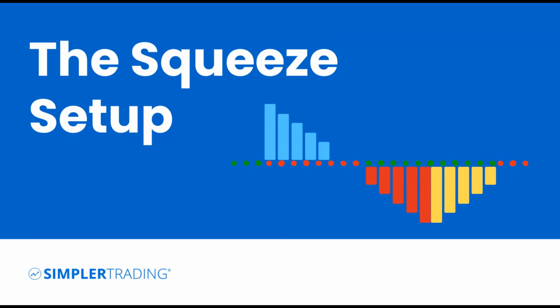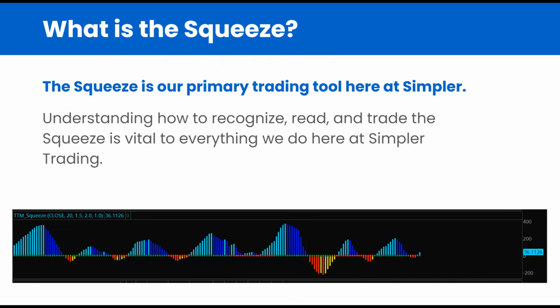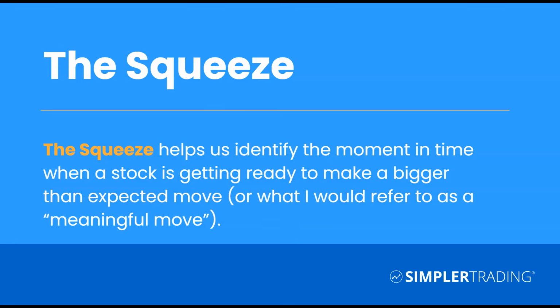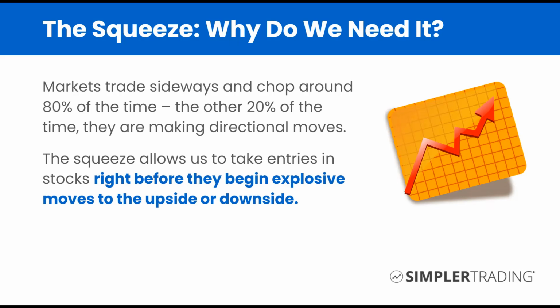Alright, so let's talk about the squeeze setup. The squeeze is our primary trading tool here at Simpler, so understanding how to read the squeeze, recognize the squeeze, and then ultimately trade the squeeze is a big part of everything that we do. And the squeeze helps us find these moments in time where a stock is catching its breath and it's gearing up for that next explosive move, or what you could refer to in the options market as a bigger than expected move.